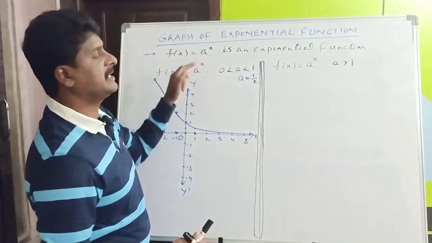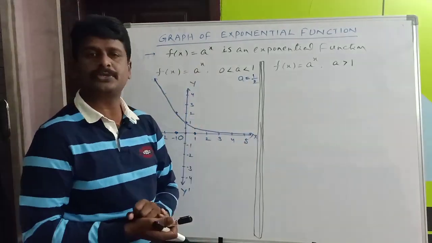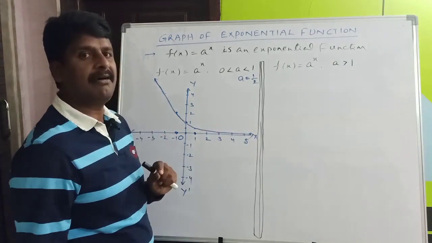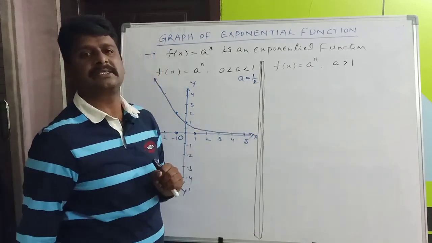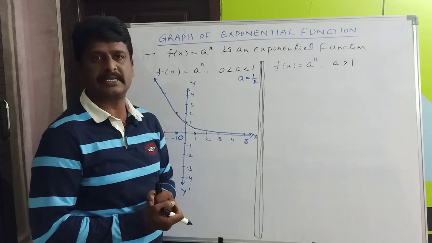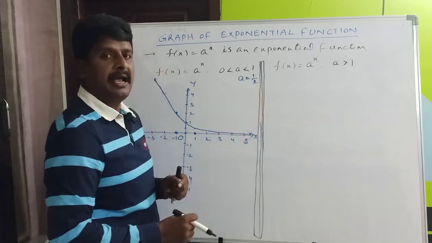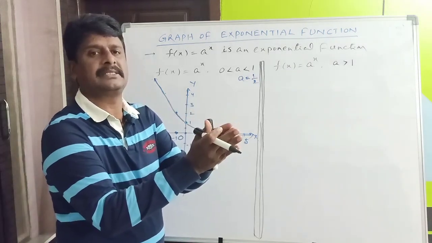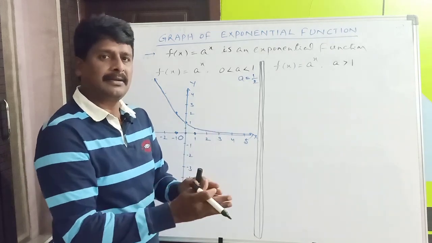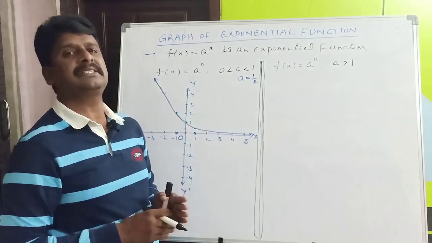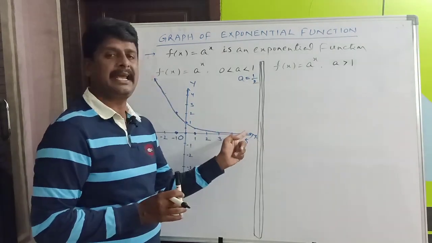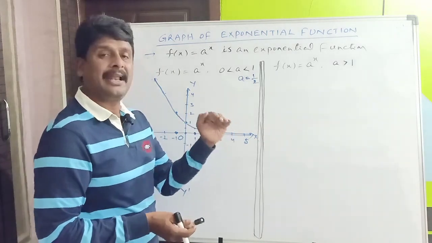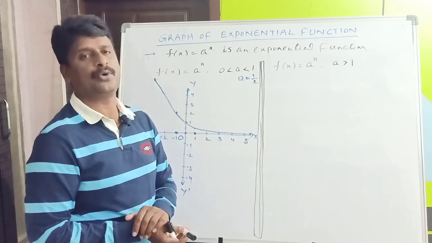Does there exist any x value such that a power x is equal to 0? No. So the graph neither touches nor intersects the x-axis. But as x values increase, the graph gets very close to the x-axis. Whenever a graph neither touches nor intersects but gets very close to the x-axis, we say the graph is asymptotic to the x-axis. Asymptote means it looks like a tangent to the x-axis at the infinity point.